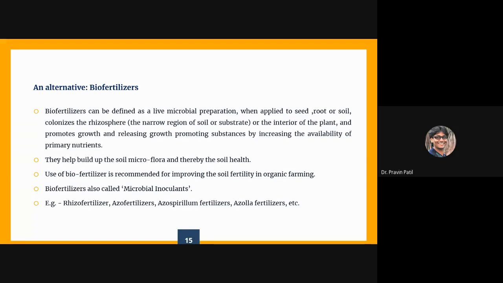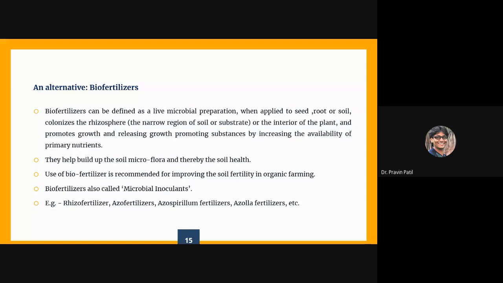In that region, they start growing and forming a symbiotic association with the roots, and start solubilizing the nutrients which are present there in insoluble form, so the plant can take them up. That is the reason biofertilizers are also known as microbial inoculants. These microbial inoculants can help the plant obtain the nutrients present in the surroundings.